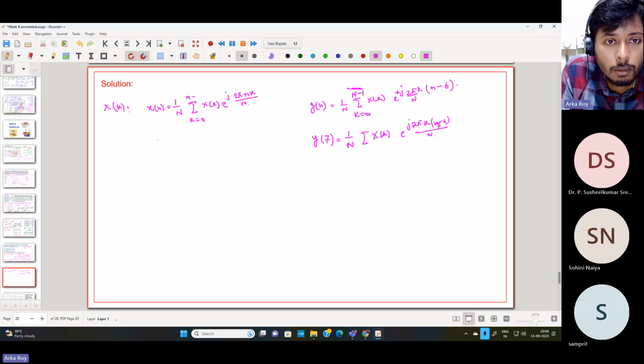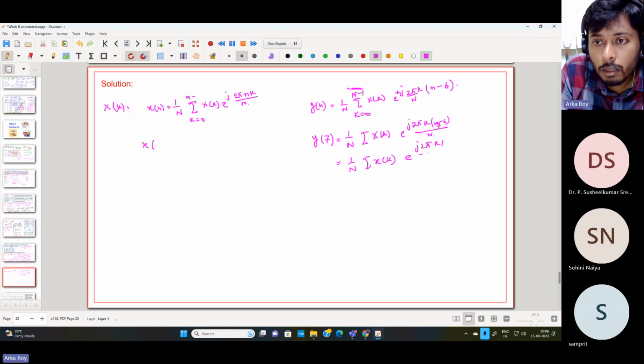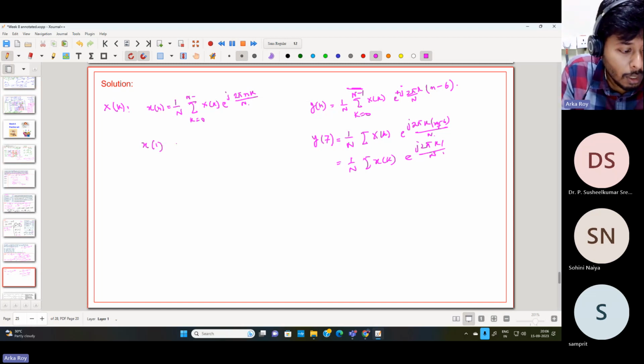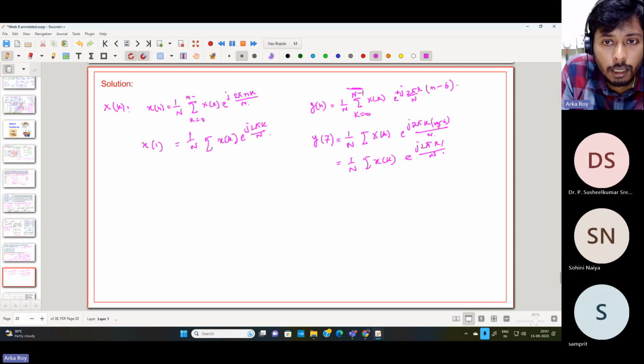And over here, what I can do is take 1 upon N summation x[k], and then e to the power j 2 pi k 1 divided by N. And then if I take x[1], I will get 1 upon N, then x[k] e to the power j 2 pi k divided by N.